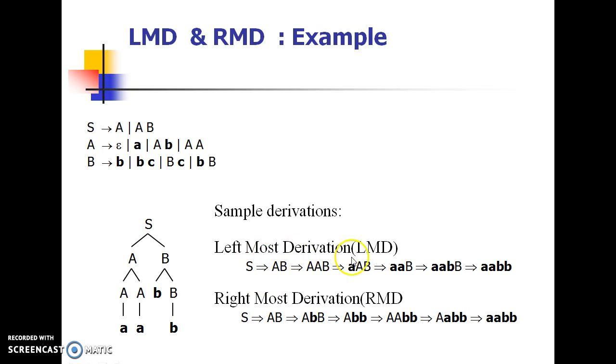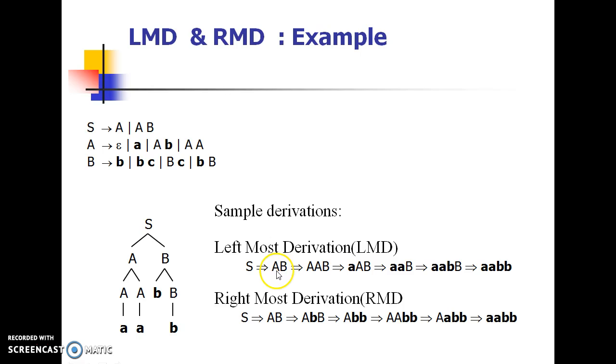In leftmost derivation, after S, at the second step, we choose the variable A for replacing it with its definition, whereas in rightmost derivation, we choose the variable B for replacing it with its definition in the third step.